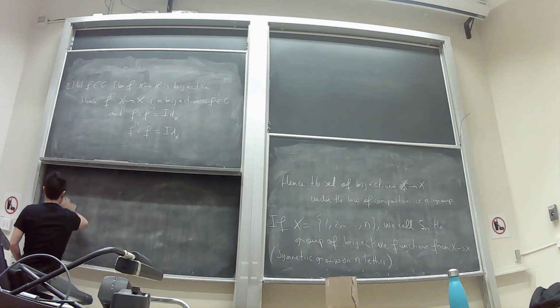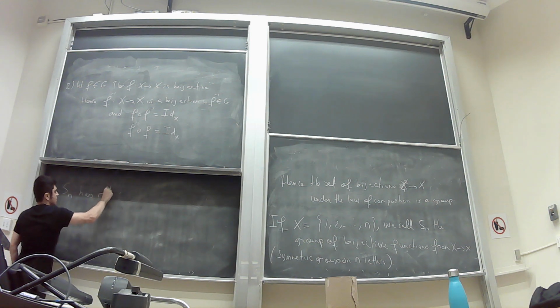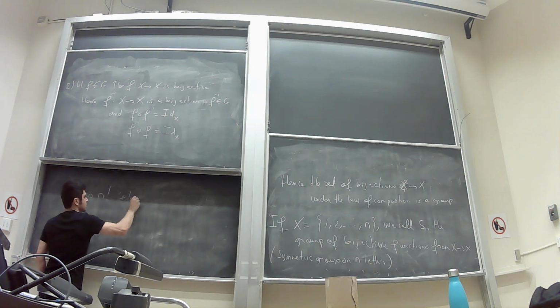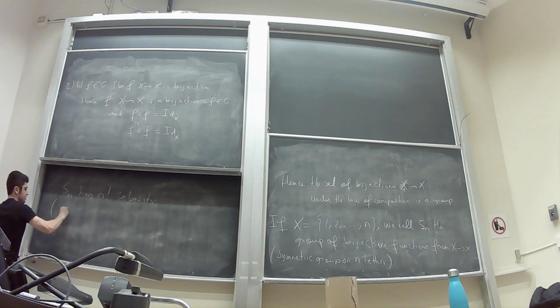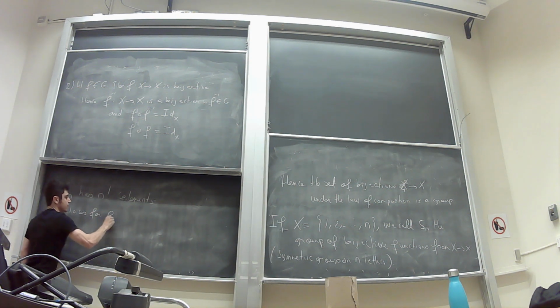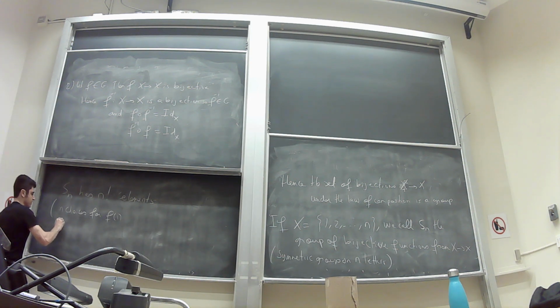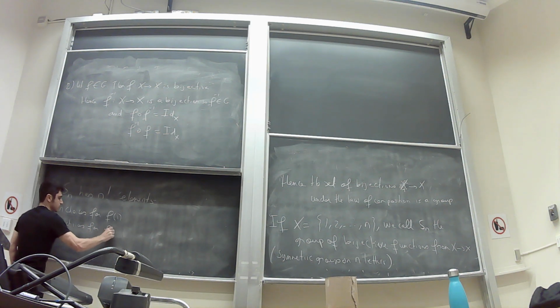So basically you have n choices for f of 1. Now once you have chosen f of 1, you have n minus 1 choices for f of 2.